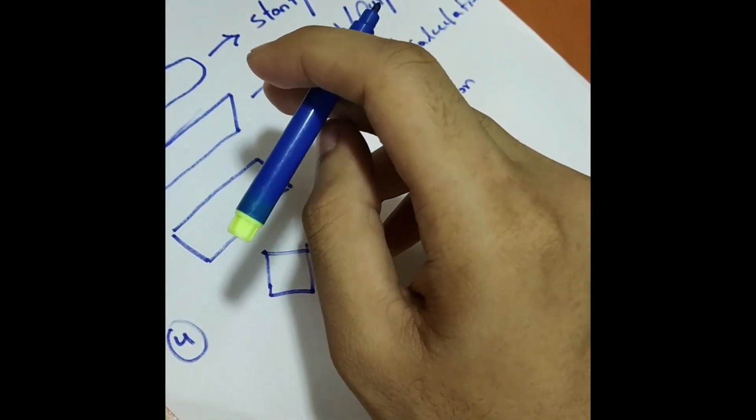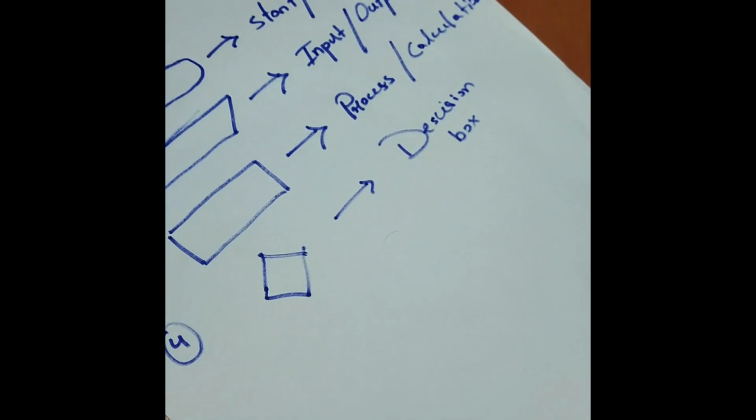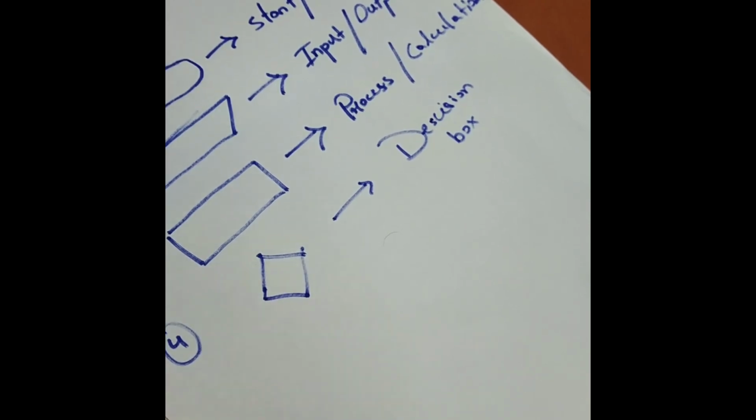Like, if I give a number, and the computer has to say whether the number is even or odd, the computer must check whether the number is even or odd, then it will tell me so.